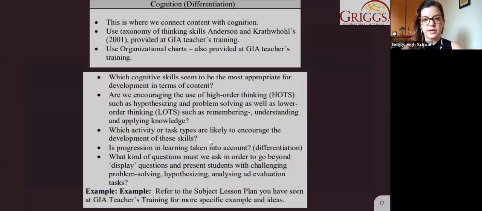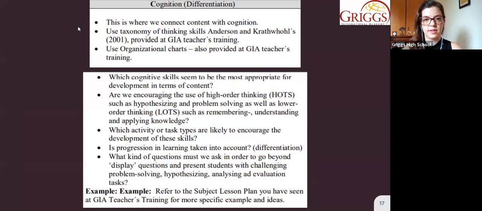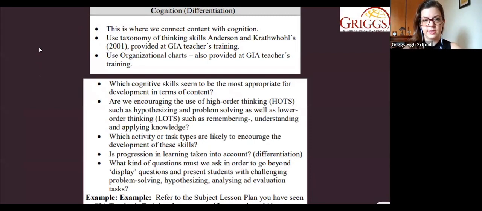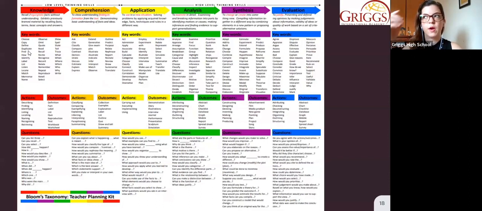Then we have cognition. Cognitive differentiation is the cognitive thinking, the cognitive skills, the thinking skills from Bloom's taxonomy. So, like I said to you, what are the thinking skills that the students are going to use?